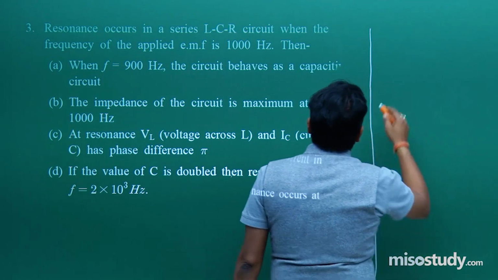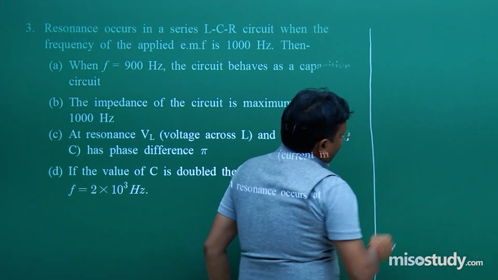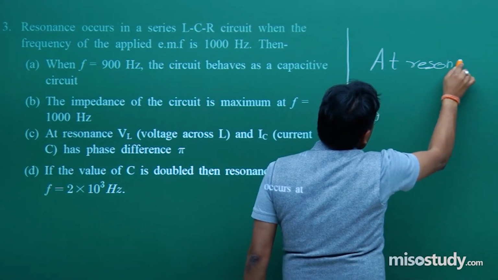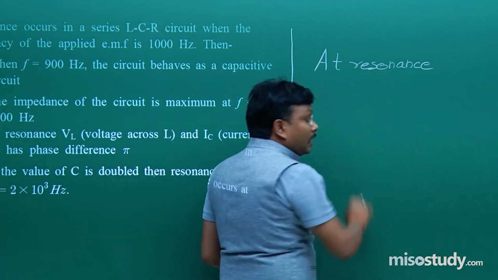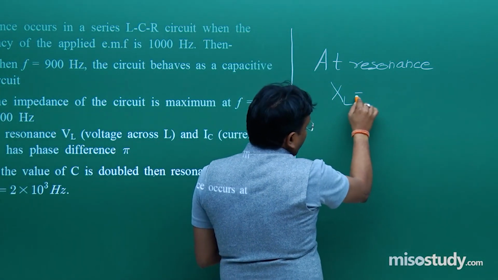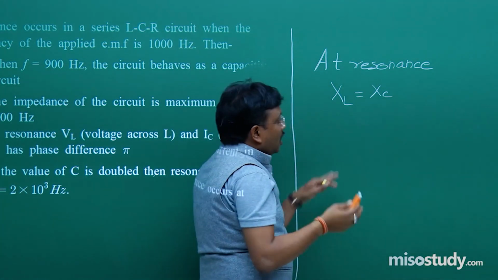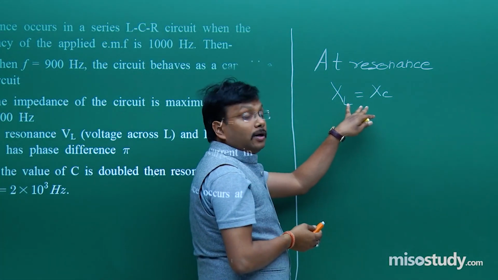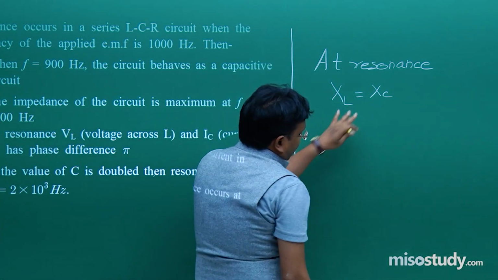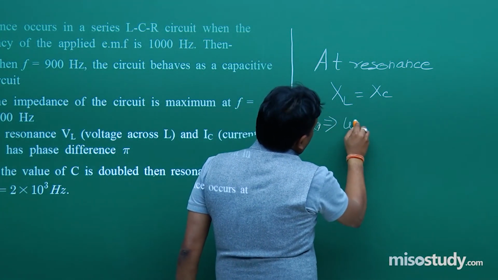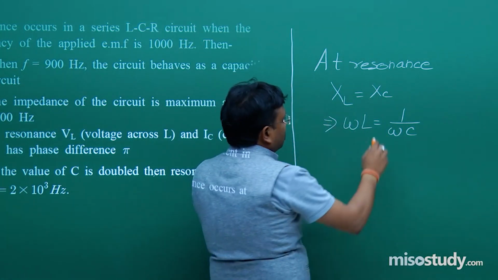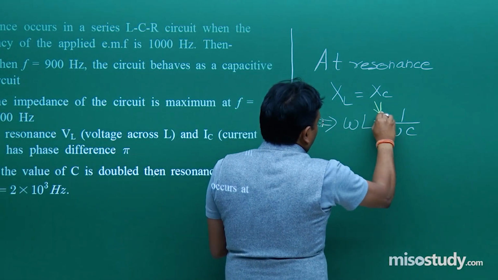That is, at resonance, if I am saying XL is equal to XC, as I mentioned, so it definitely you will say omega L is equal to 1 upon omega C. At resonance XL is equal to XC, it means omega L is equal to 1 upon omega C. This equation directly we are getting from this relation.